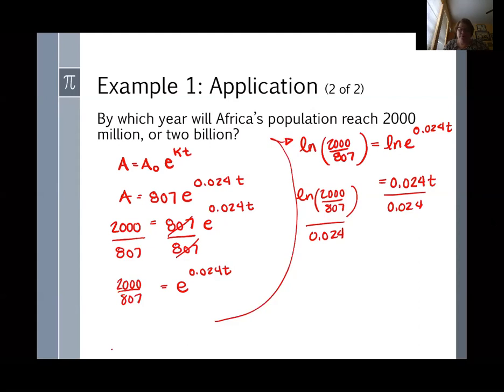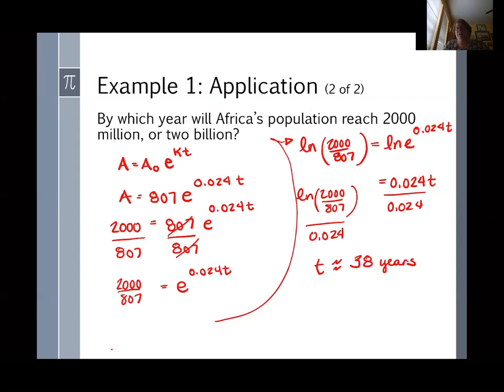So now I get my calculator out and I take the natural log of 2,000 divided by 807. I get that amount, and then I divide that value by 0.024. And I get t is approximately, because I am finding a decimal approximation, rounded to the nearest year, 38 years.